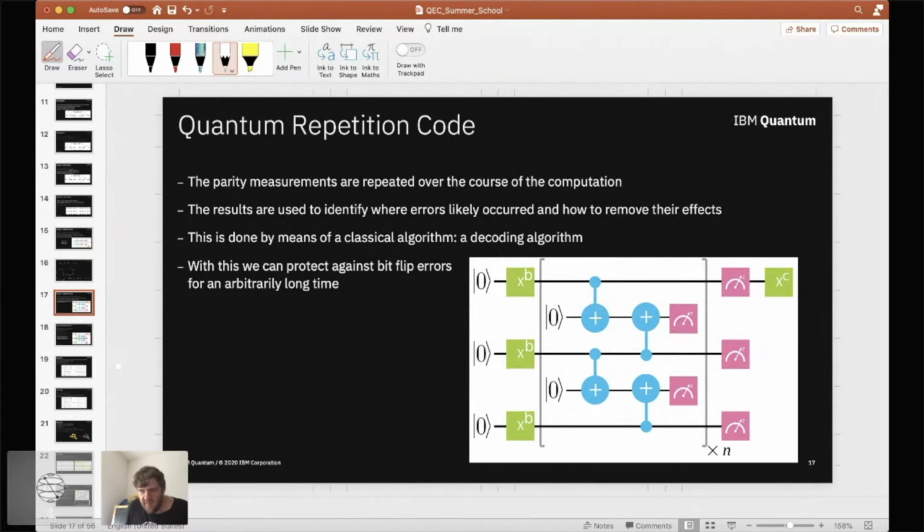And errors, I have been assuming so far that errors are just bit flips, which is a very simple form of error.